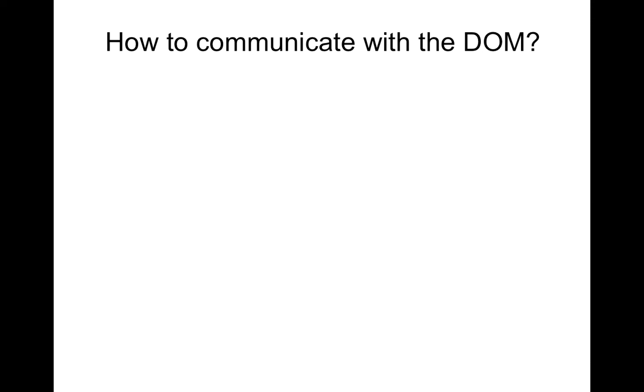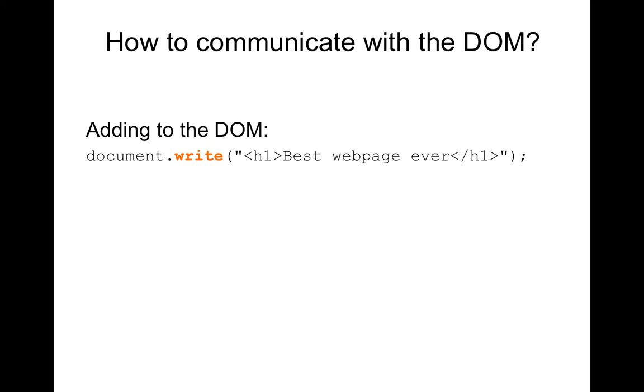So the question is, how do we use JavaScript to communicate with the DOM? So some of the basic activities or tasks that we can do are add things to the DOM. So for example, if you wanted to add a little bit of text on your page that is a level 1 header, you can use the document.write method to write out this piece of text.